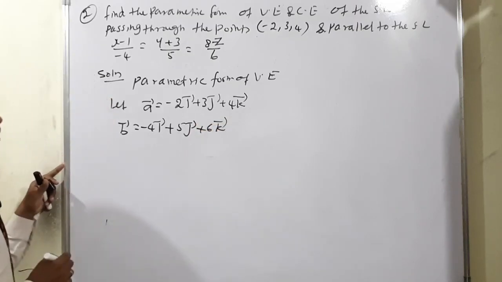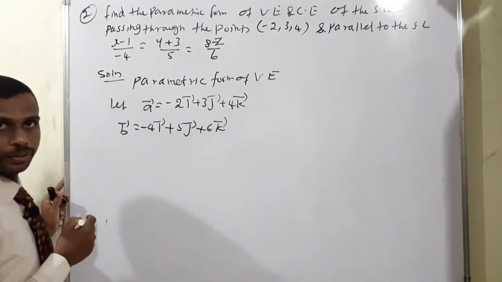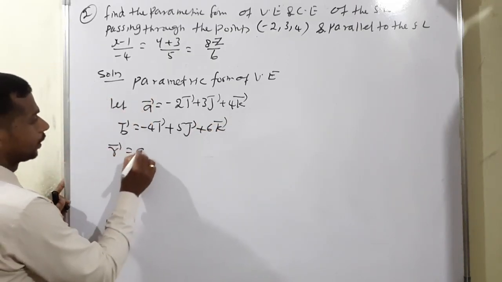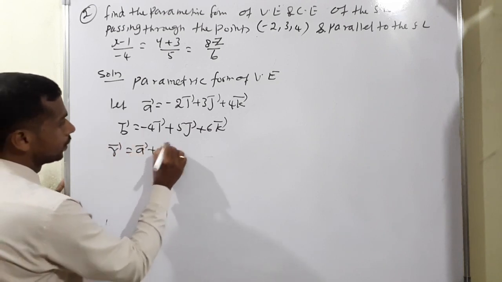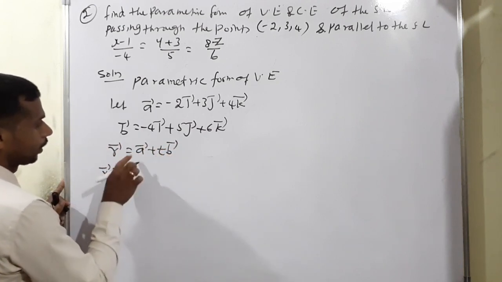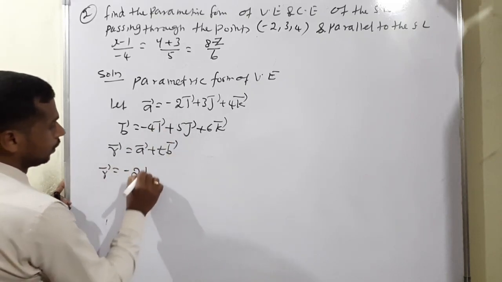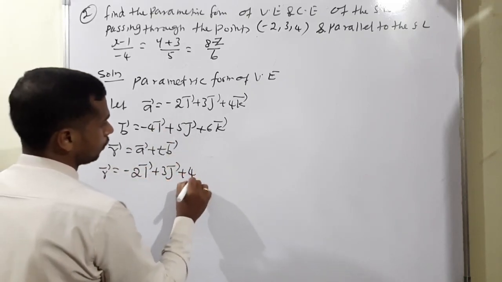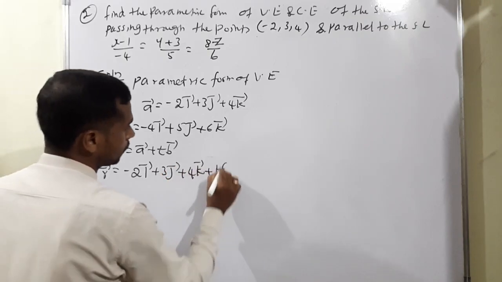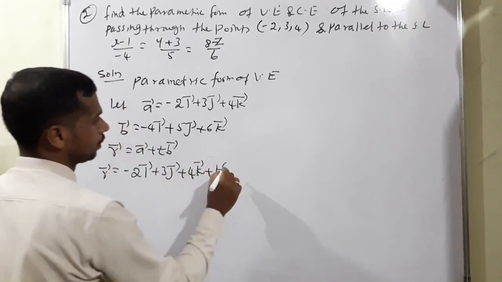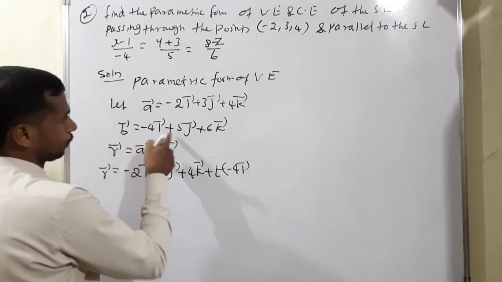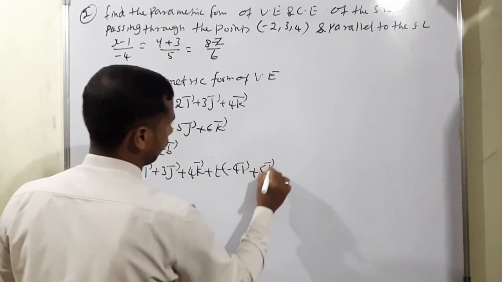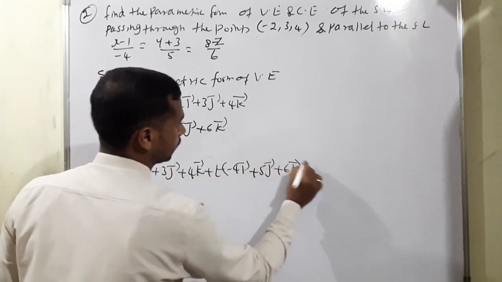The formula for the parametric form of vector equation is R vector is equal to A vector plus t B vector. So R vector is equal to minus 2i vector plus 3j vector plus 4k vector plus t times minus 4i vector plus 5j vector plus 6k vector.